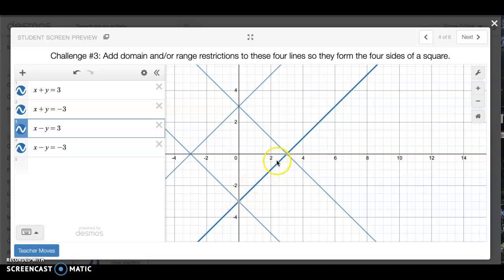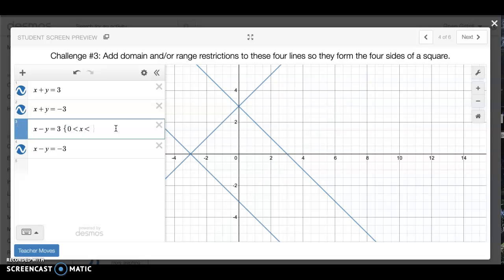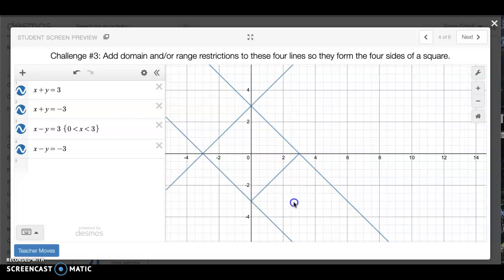That way I only get this line segment, or this piece of the line. So I'm going to say I want x values greater than 0 and x values less than 3. And there we go. It's starting to look more like a square.